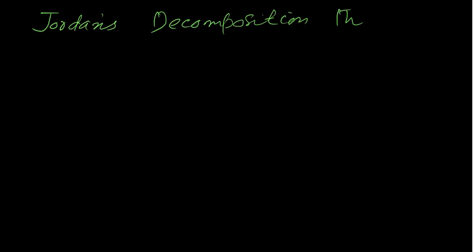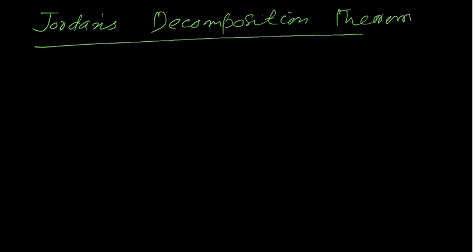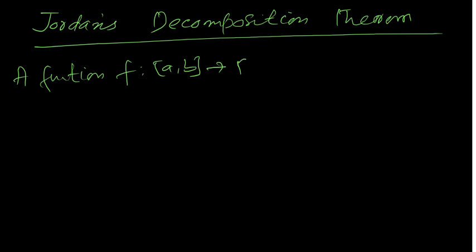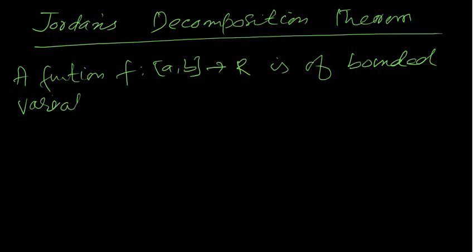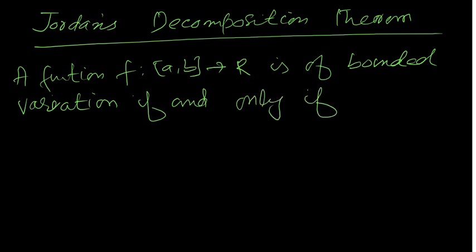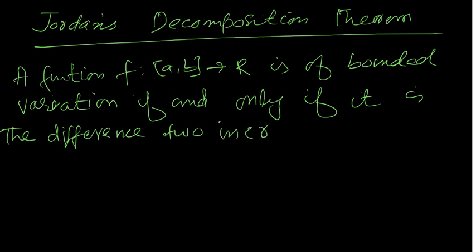Its statement is: a function f from the closed interval a b to R is of bounded variation if and only if it is the difference of two increasing functions.